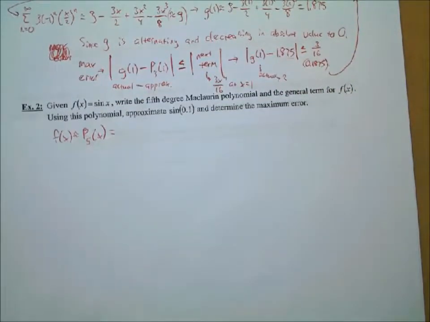Fifth degree term, not 5 terms. Fifth degree, not 5 non-zero terms. Hint, there should be only 3 terms in your polynomial to get up to the fifth degree.